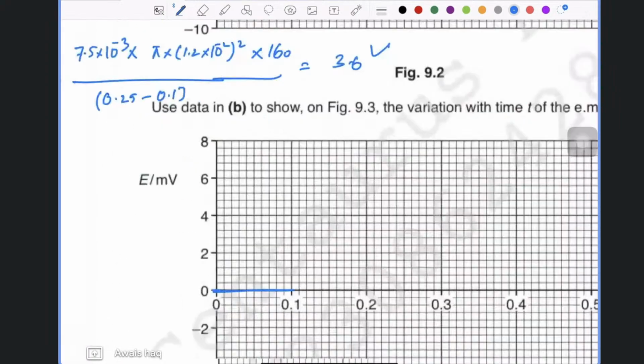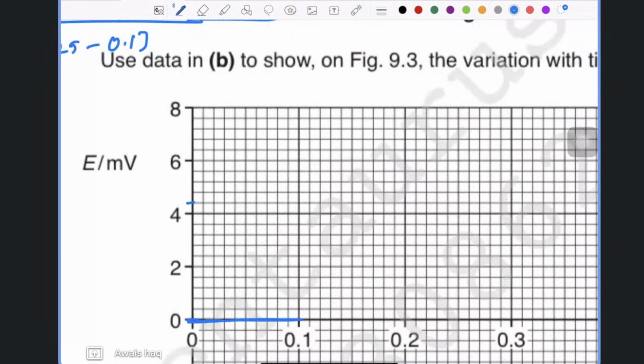So 3.6 would be 2.4, 2.8, 3.2 and 3.6. So we're going to make this line from here. Just make a dotted line here to show that you've shifted up until this point. So that would be here, a value like this. Do you guys understand this?